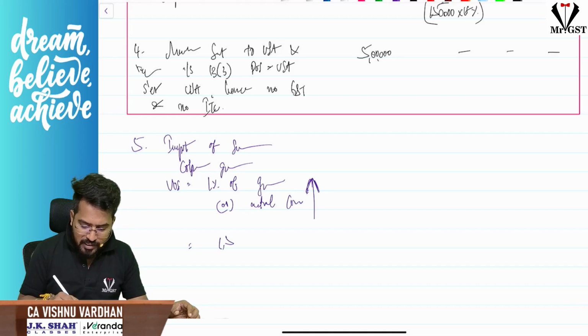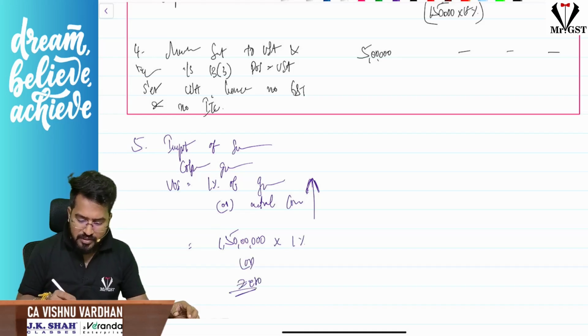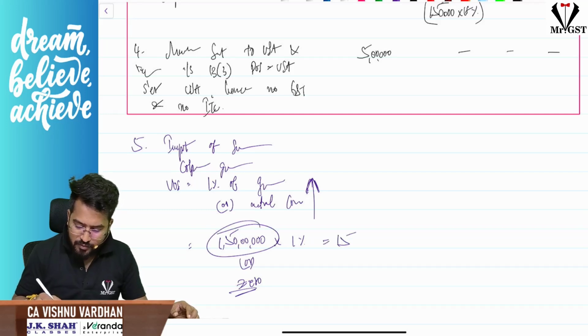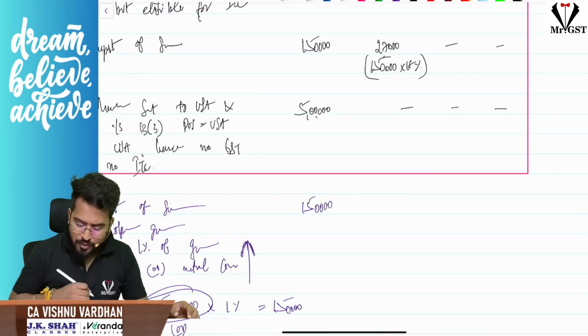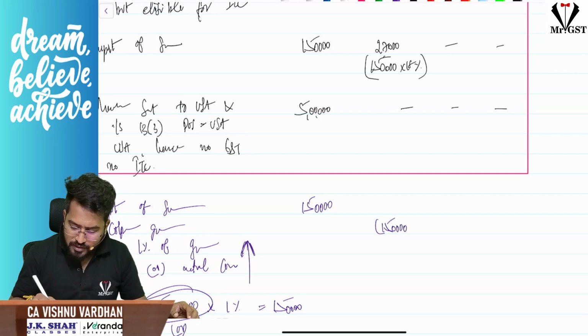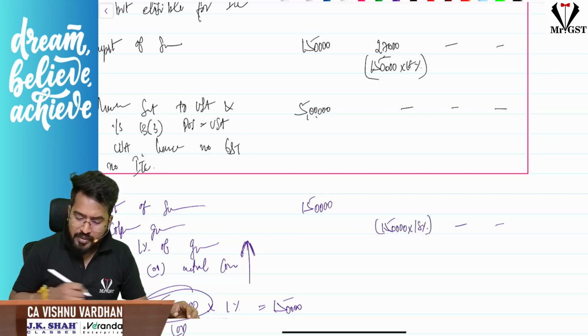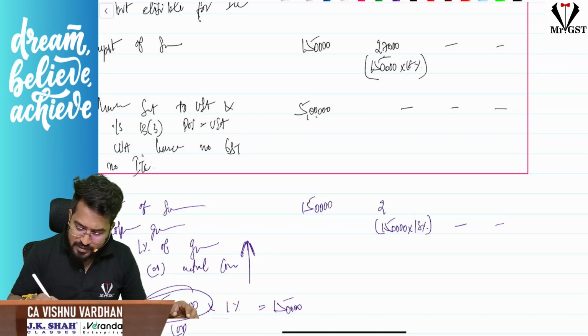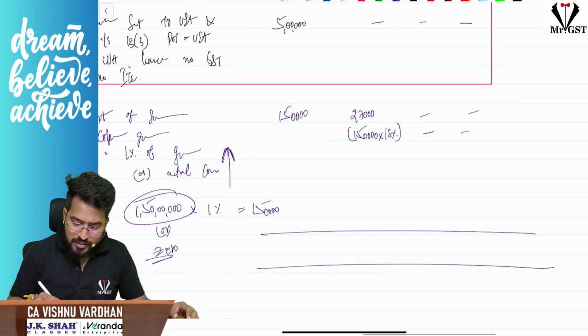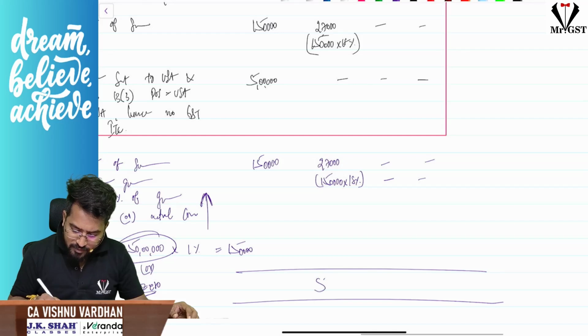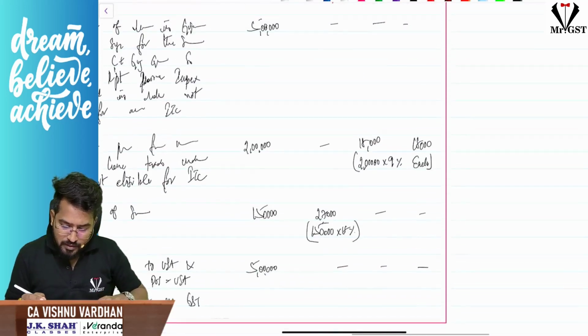So that is 1.5 crores into 1% or 0, whichever is higher. Which is higher? 1% of 1 crore 50 lakhs, that is 1,50,000. So here we will write 1,50,000 as the value, and on that 1,50,000 into 18% will be IGST, correct? Just now we have made the calculation again, 27,000, and this is nil, nil. Guys, hope you are clear. So with this we can understand, sir, the total ITC available is 54,000 and 18,000, 18,000.